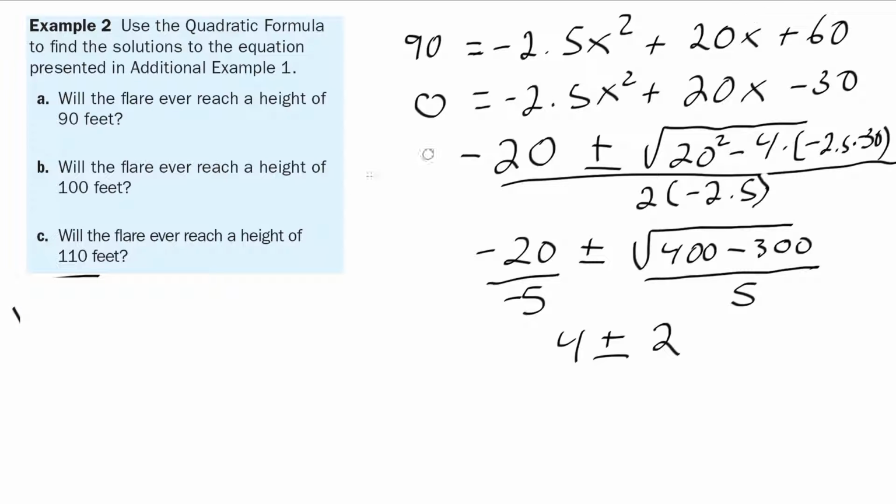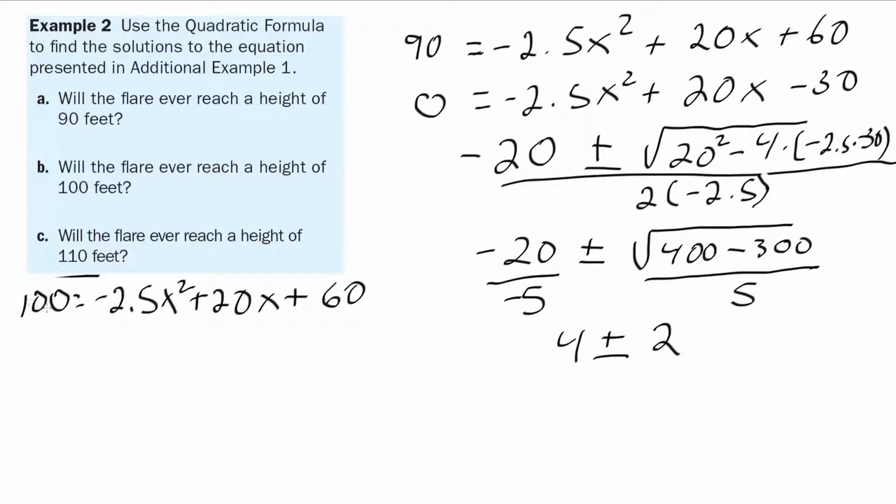Okay, so this next one is 100, and again we have 100 equals a negative 2.5x squared plus 20x plus 60, and that gets us to, if I subtract 100, a negative 40 here.